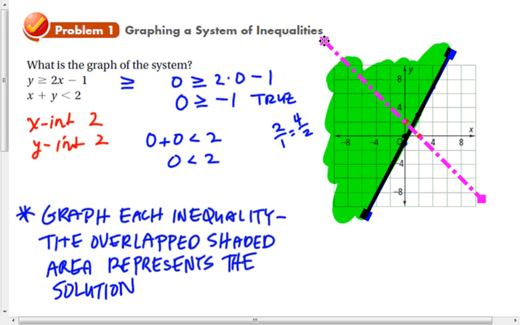And what I'm looking for is a common region of overlapping shading. And let's say I use this shading for this. You can see the region of overlapping shading, and I'll just pick a different color for that now, is this region right in here.